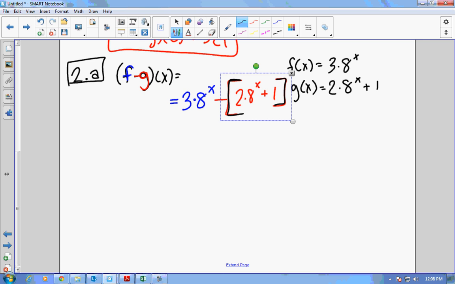The negative sign. We're going to give it to both terms, which means their signs change. 3 times 8 to the x isn't affected by that. This was a positive 2. It will change to a negative 2, meaning subtraction. This was a plus 1. It will change to a negative or minus 1. Okay? Mateo, what now?